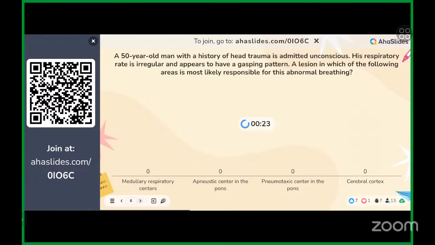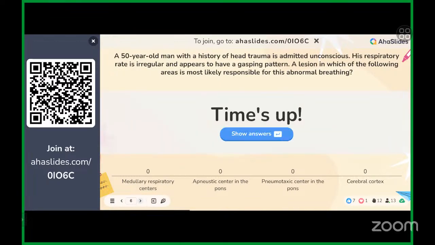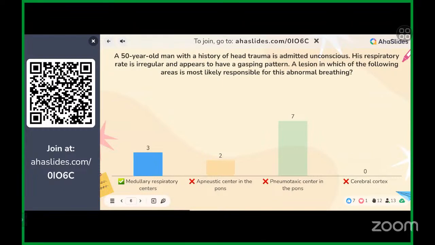So they're asking about the respiratory center. Okay, seven of you have chosen the right answer. That's the points.